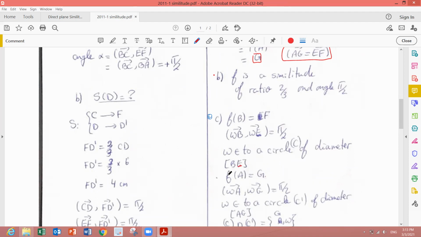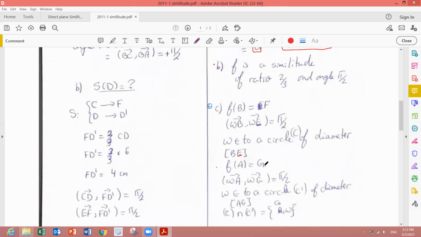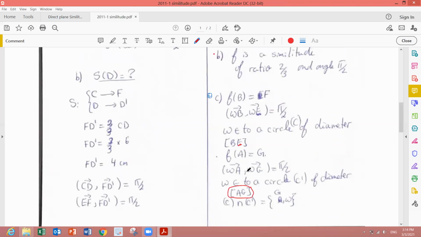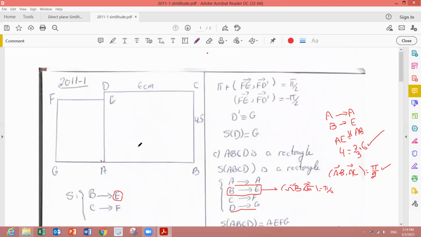And also we have F of A equals G. So W belongs to the circle C prime of diameter AG. The circle of diameter BF should pass by G.